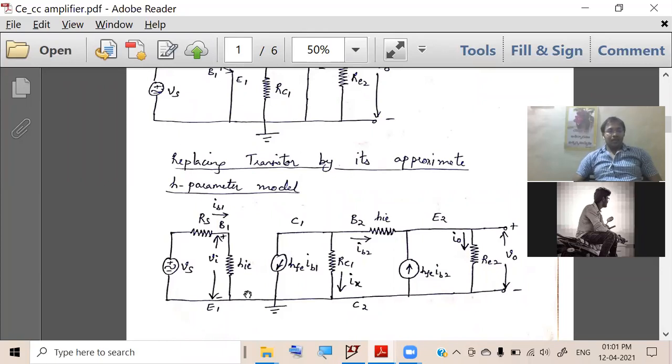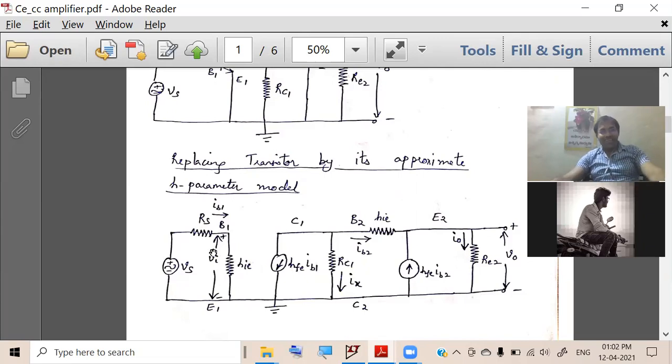KVL. Vs, fast please. I repeat, give me Vs. One of your answers, KVL. Vs is nothing but voltage drop here plus voltage drop here.